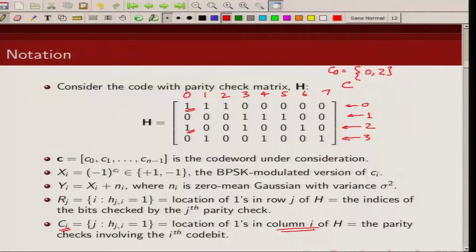Similarly, C1 is going to be 0 and 3, because it is participating in the 0th parity check equation and the 3rd. You can take any, let us say C4. What is C4? The fourth bit is participating in parity check equations 1 and 3. Like that, you can find out what Ci is.